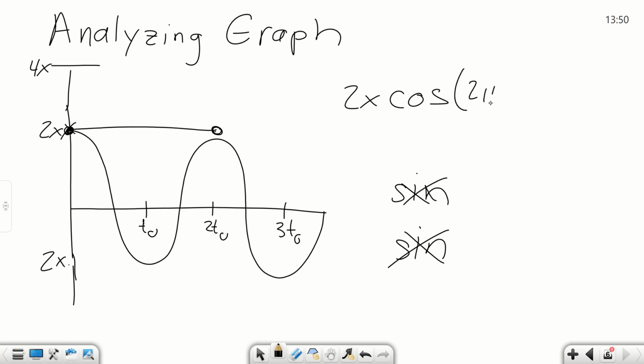So I would do 2 pi, frequency is 1 over 2t naught, multiplied by t. The 2's cancel out, and you are left with pi over t naught, times t.